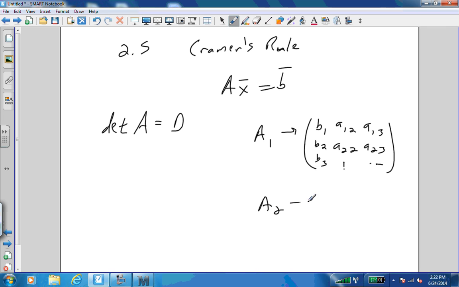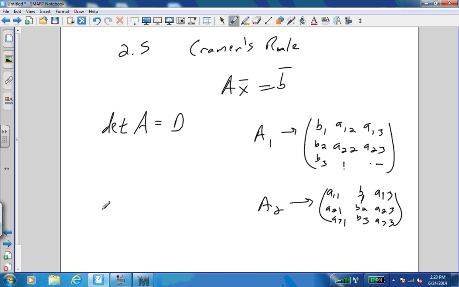A2, we would just replace the second column with B. All other elements would be the same as A. We're just replacing the second column with whatever B is, and so forth.